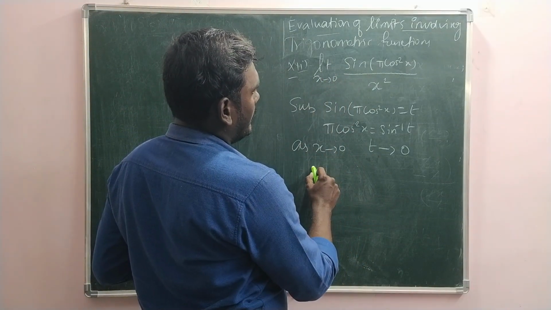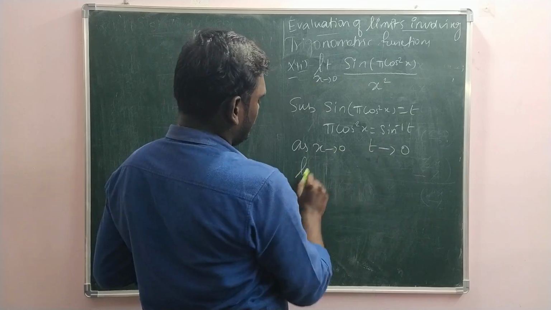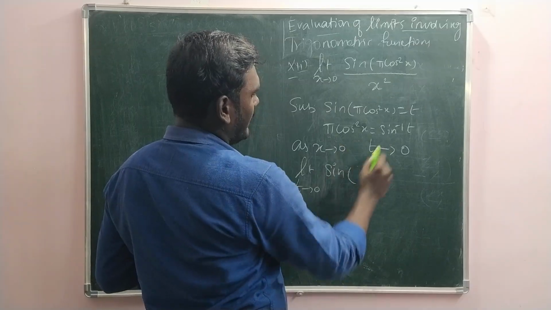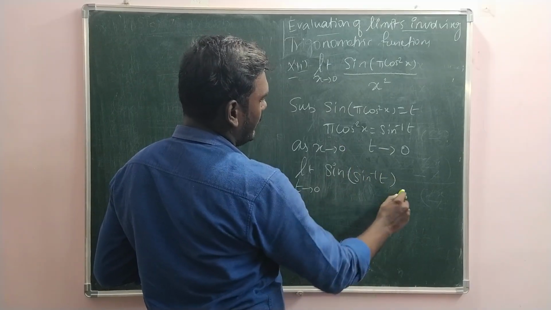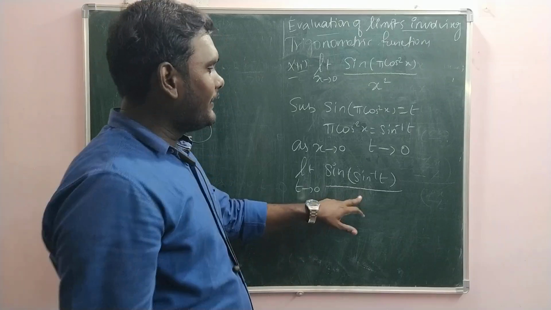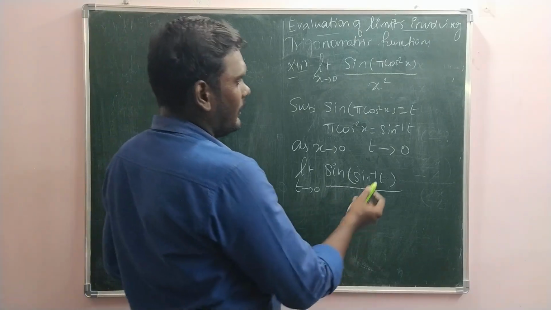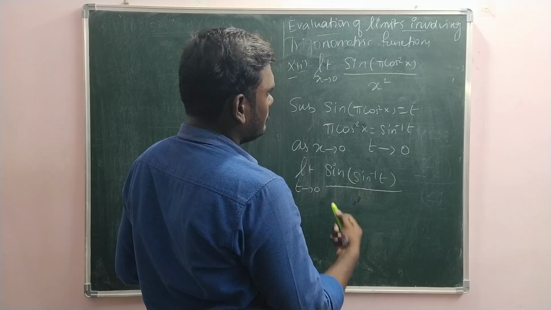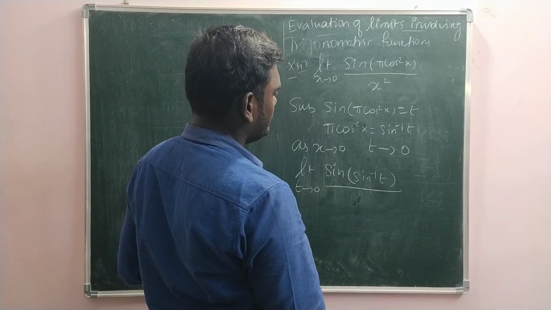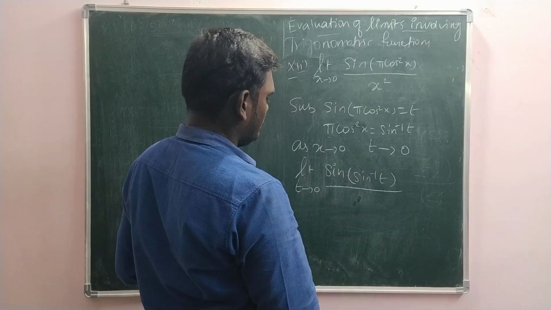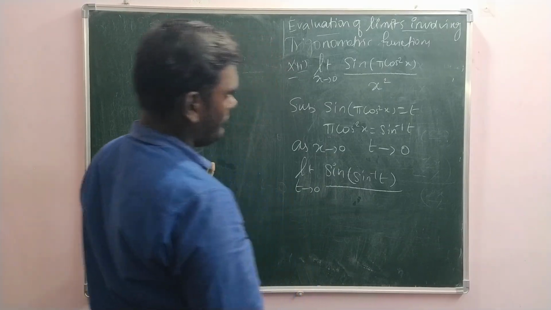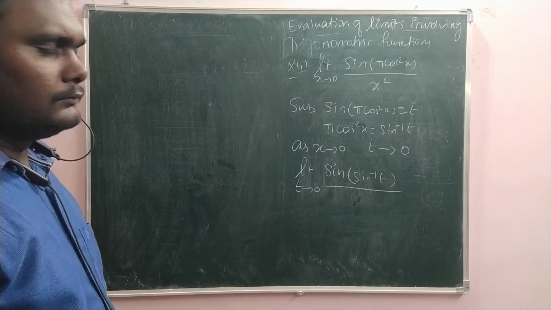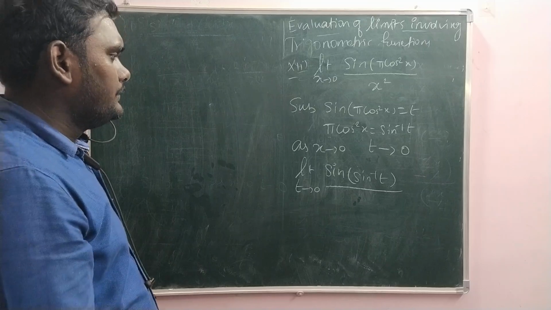Then limit t tends to 0, sine of, instead of pi cos square x, we will put sine inverse of t by x square. X square in the sense, the x value you should get. How can we get the x value? We can't get the x value.